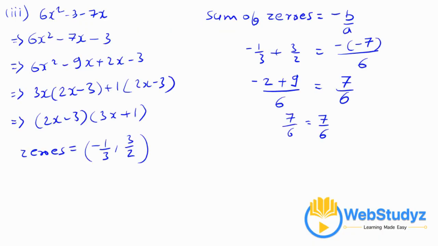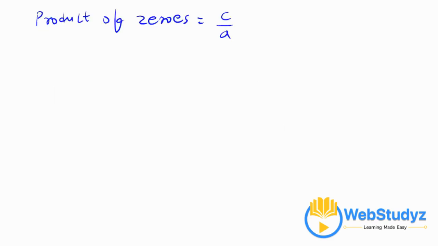Now checking for product of zeros, which is equal to c by a. Here c is minus 3 and a is 6.